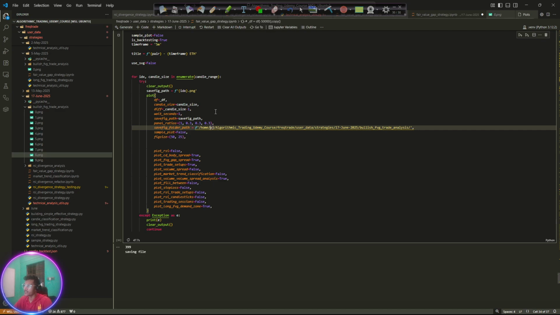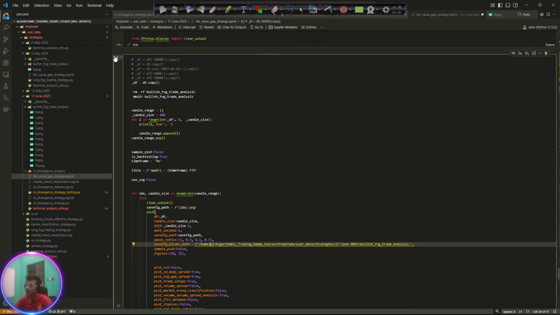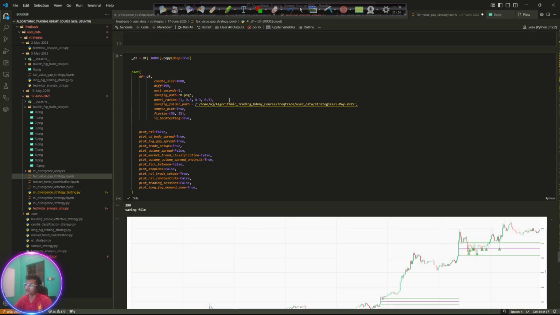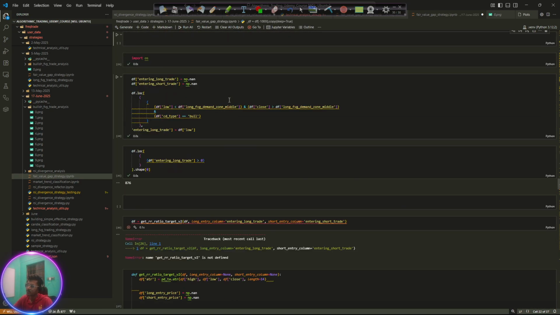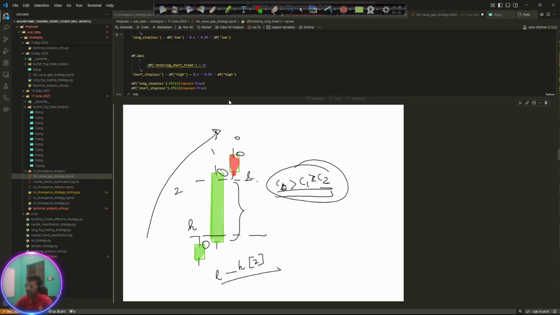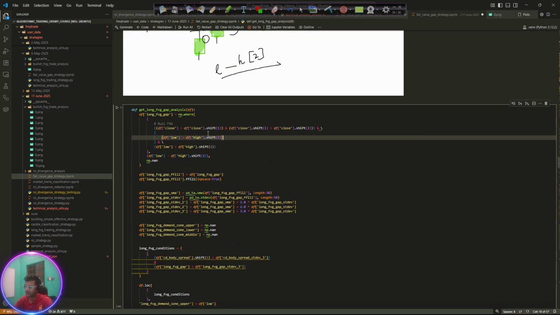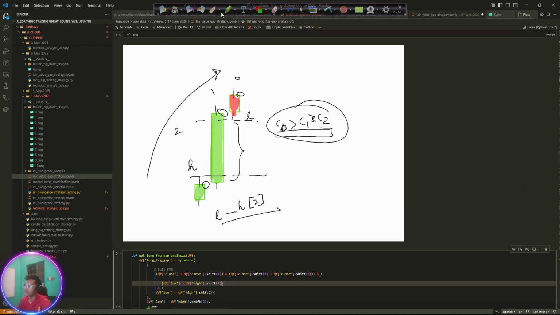So what we're going to be doing is a little bit of modification, and then we're going to test it. Let's go. So what I want to see is this. My condition goes like this. Okay, so this low should be greater than this high.